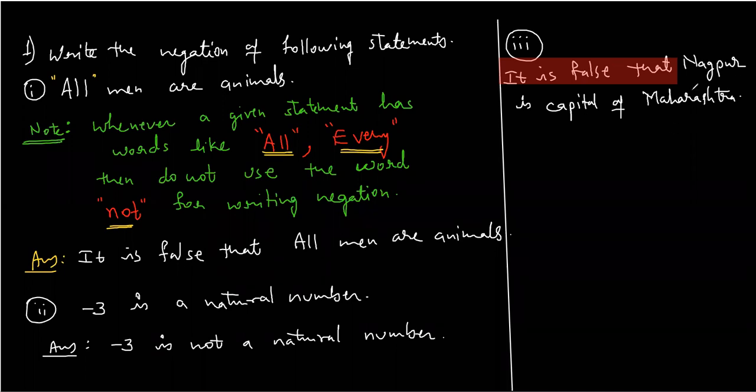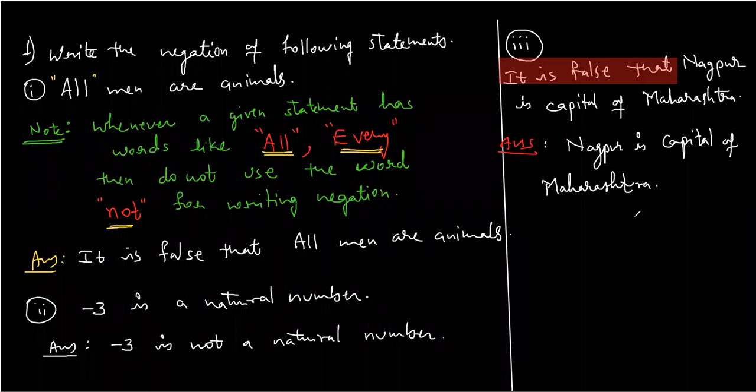So in order to write the negation of this, I will simply remove this prefix. So I will write Nagpur is capital of Maharashtra.